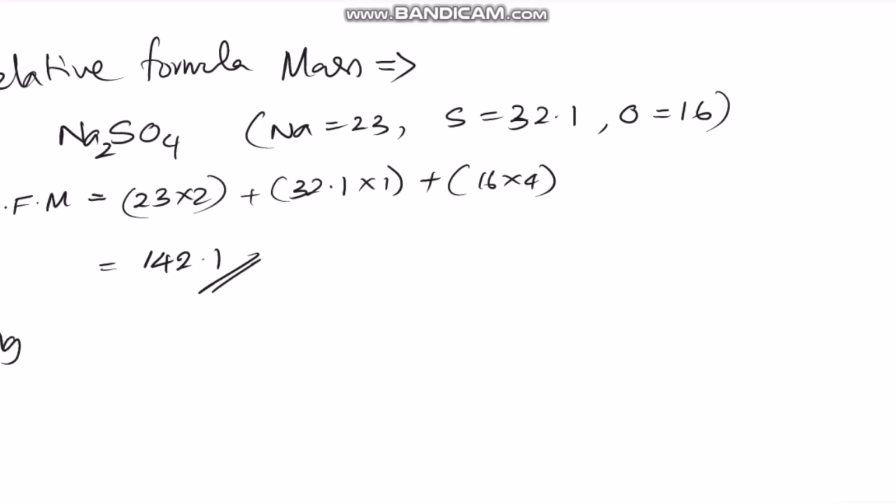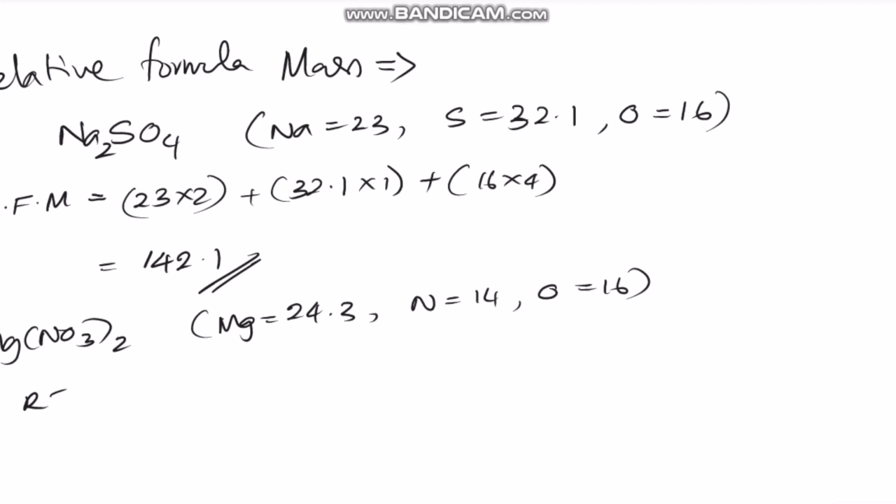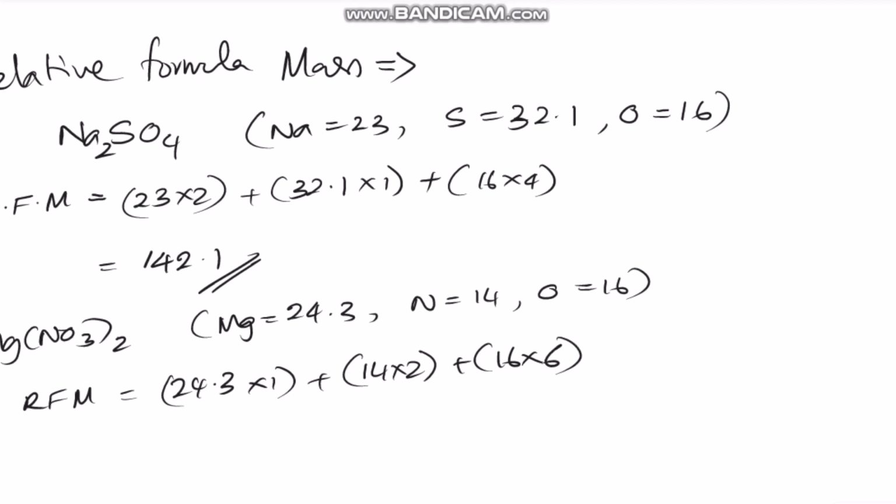Another one, Mg(NO3)2. Magnesium is 24.3, nitrogen is 14, oxygen is 16. So what is the relative formula mass of this one? 24.3 into 1 plus, now this 2 belongs to both nitrogen and oxygen, so that is 14 into 2 plus 16 into 6, because 2 into 3 is 6.